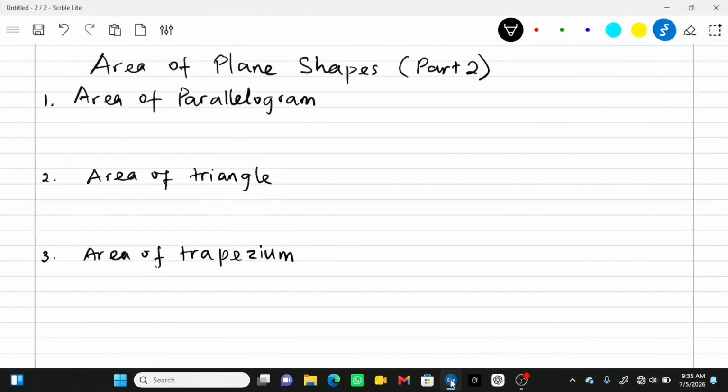So a parallelogram is basically a rectangle that has been pushed. In a rectangle, each of these angles is 90 degrees. But a parallelogram is pushed from this side, pushed this way, so it can look like this.